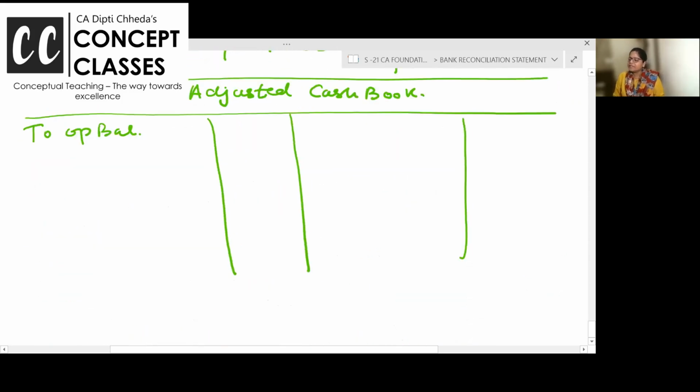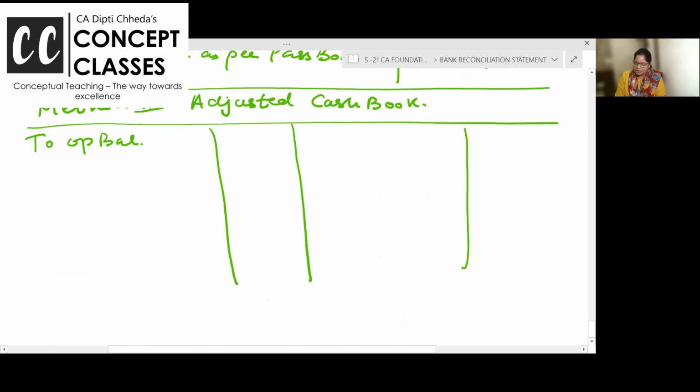What is the balance in our books? 8,36,400. Adjusted cash book. Now, whatever entries I have not recorded, I will record. Whatever entries I have wrongly recorded, I will reverse. Is this clear to all of you?